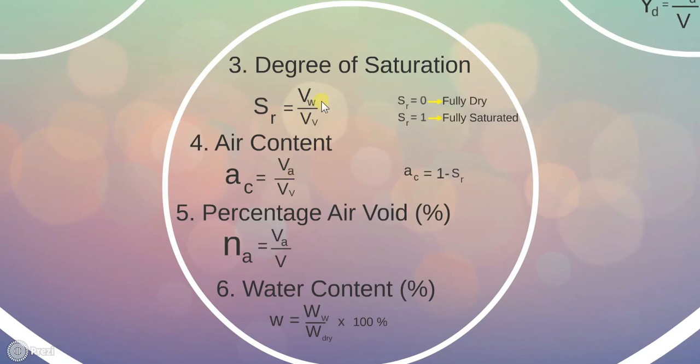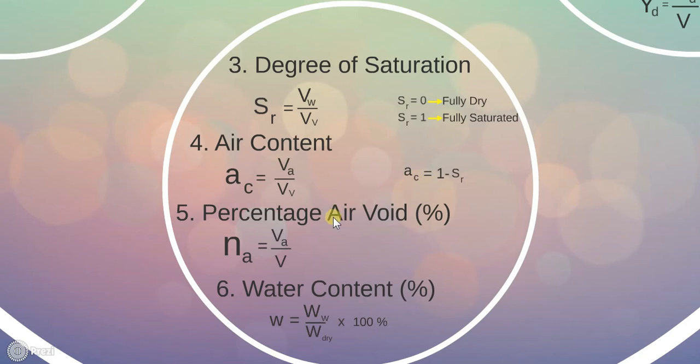So, dividing by Vv, Vw by Vv plus Va by Vv will sum to 1. So we can write Ac plus Sr is equal to 1, and they are complementary to each other. So we can also write Ac is equal to 1 minus Sr.